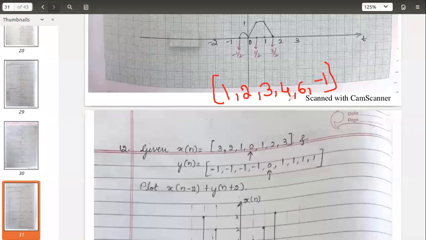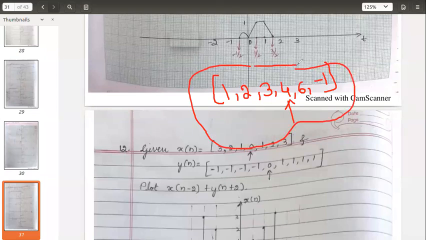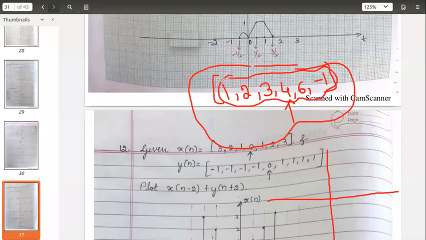You have points and I will mark like this. What does this signal mean? Signal starts from -4, ma'am. Signal starts from -4. No, these values are representing the amplitude values. This arrow indicates origin. So at origin, what is the amplitude?